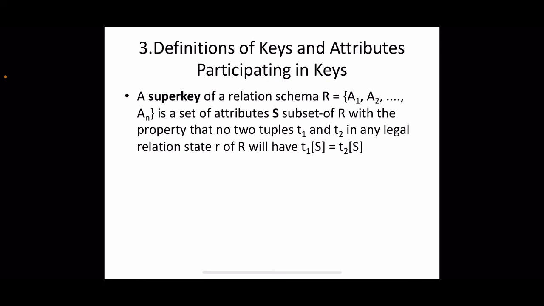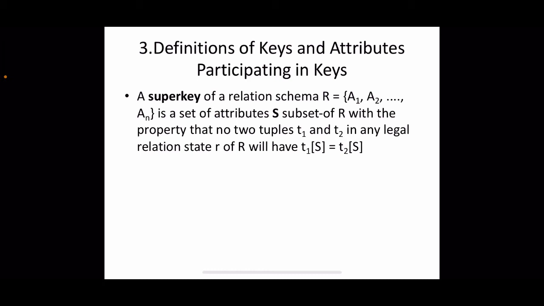That is, when we populate this schema with some data, the current instance of the schema is called the relation state, denoted by small r. Definitely it will contain a set of tuples.